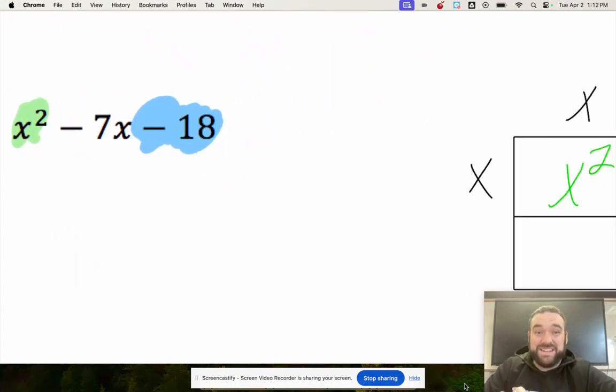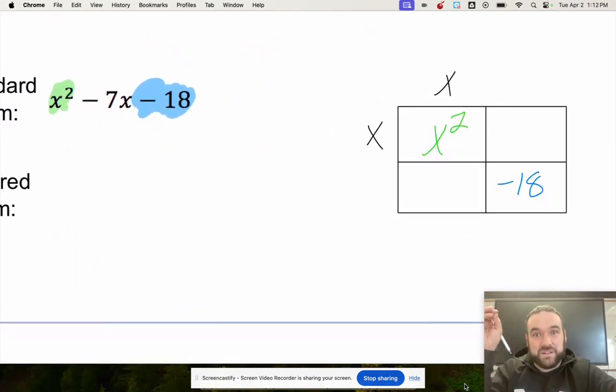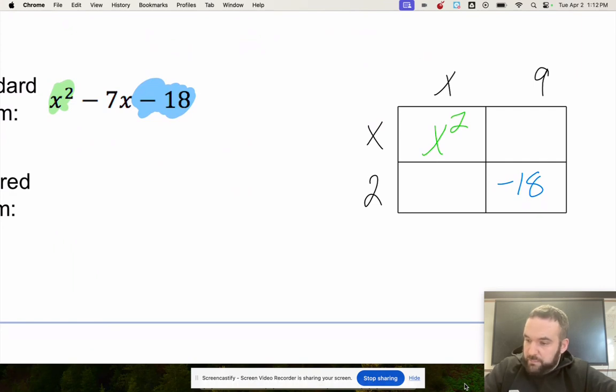If I want to make negative 7 as my middle term, I can see how 9 and 2 is going to work to combine to make negative 7x. The way I can do that is by putting the 9 as the negative number, 2 as the positive number, and then that will give me negative 9x in the upper right, positive 2x in the lower left.